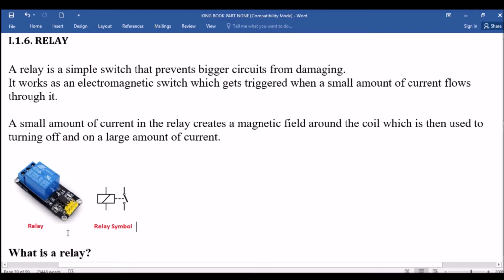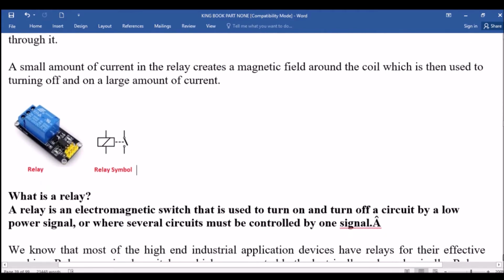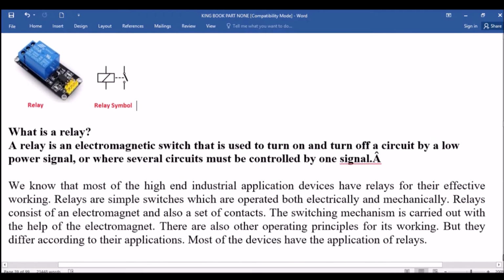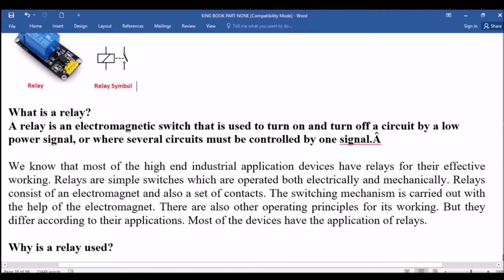You see, this is the image of a relay. Then this is the symbol. So you can ask yourself, what is a relay? We saw above, it is a passive component which is able to make a switch, using this short theory we saw above.